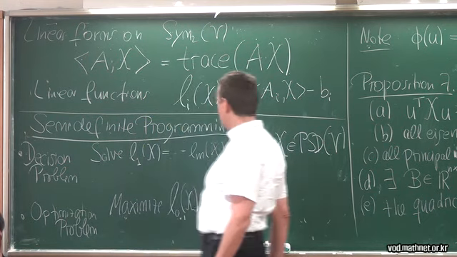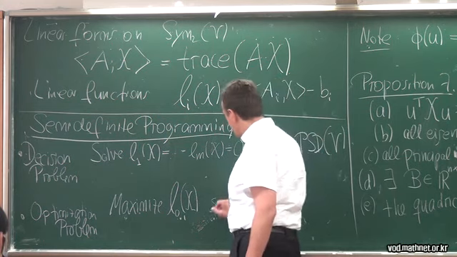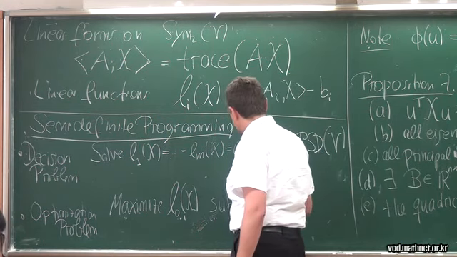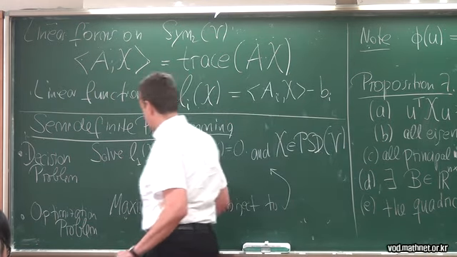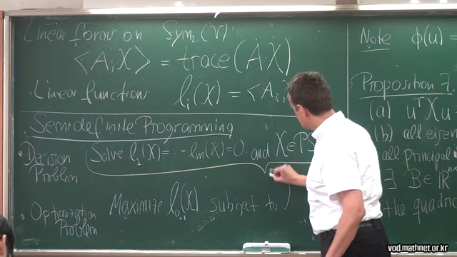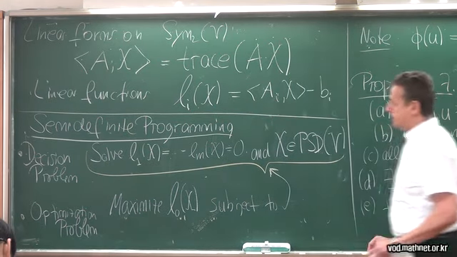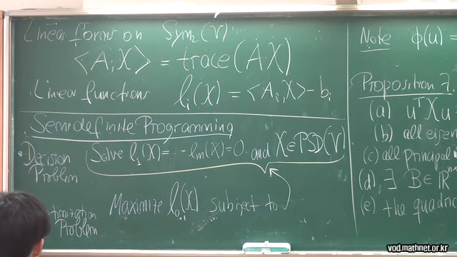So there's one more linear function. I want to maximize, or maybe minimize, that subject to the previous conditions. In the decision problem, we're just asking whether there exists a positive semi-definite matrix, and in the optimization problem, I want to find the best one, best in the sense that it maximizes a linear function.